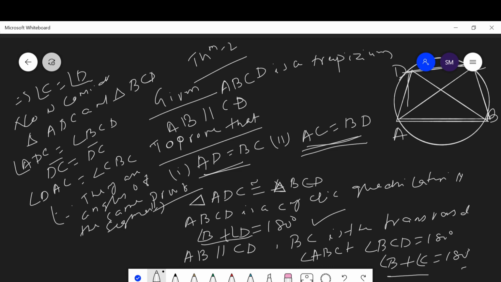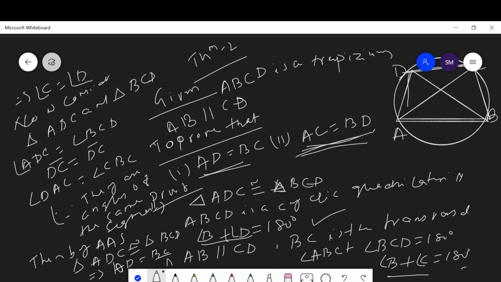Then by the angle-angle-side AAS condition, these two triangles are congruent to each other. Triangle ADC is congruent with triangle BCD. Then this shows that AD is equal to BC by CPCT and AC is also equal to BD by CPCT.